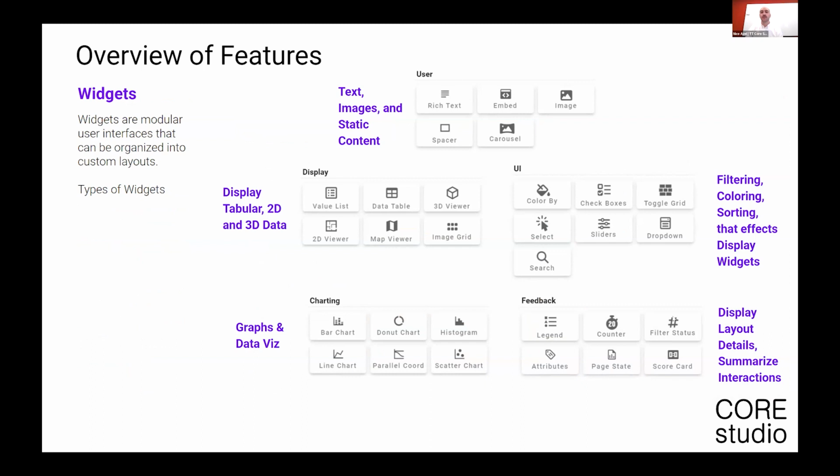We've got user interaction UI widgets, which do filtering and coloring and sorting of the data, searching. There's charts, which is pretty self-explanatory. And then we have a feedback section, and this is telling you about maybe the item you currently have selected, or doing some summary statistics on specific attributes in your data set.